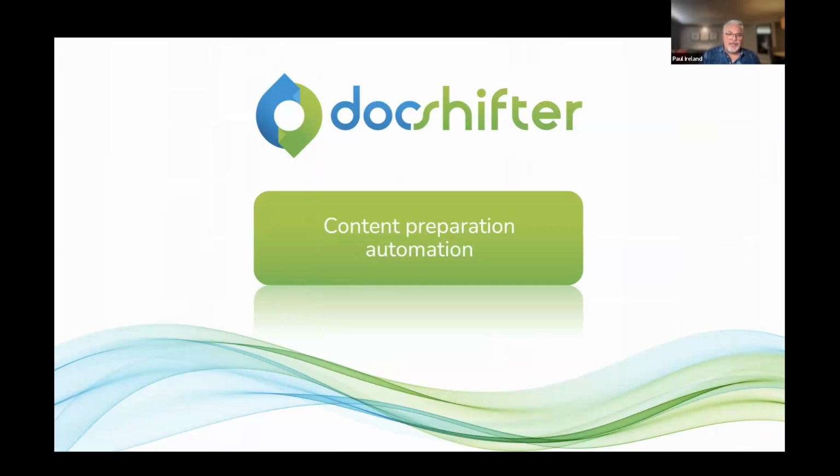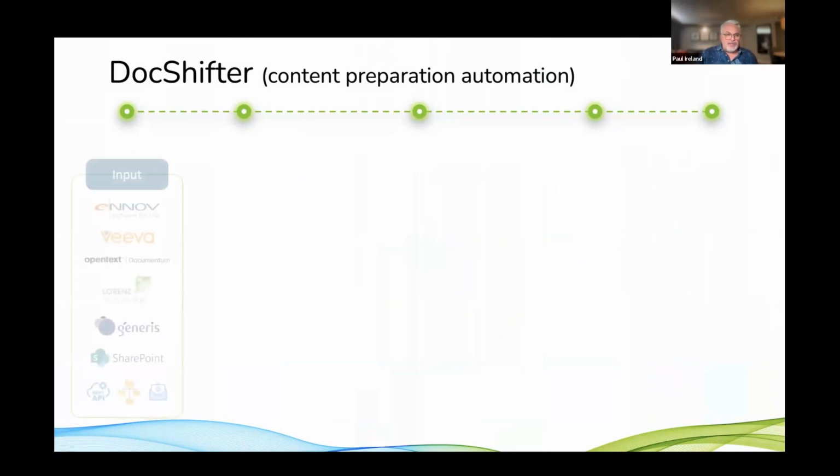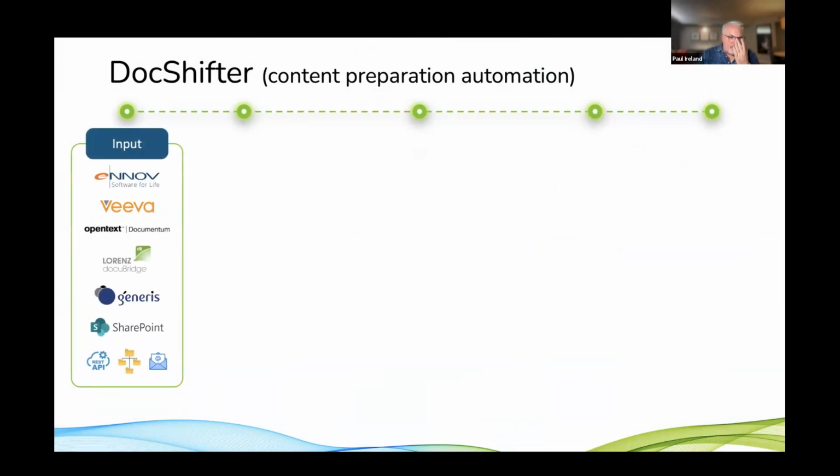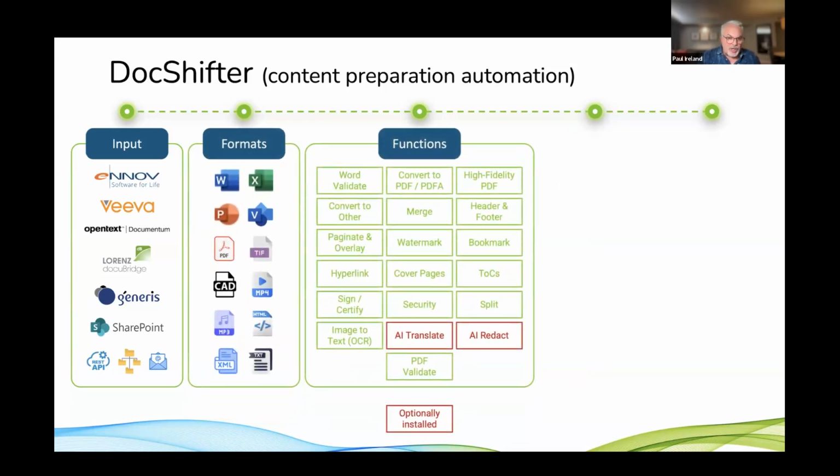In terms of automating some of those steps, preparing that content, what Docshift is doing, as I mentioned, is taking content from different locations, whether you're using the Ennov platform, Veeva, Documentum, Docubridge, CARA, SharePoint, folders on your network or email repositories. Wherever that content resides, no matter what the format is, we're able to perform specific functions on it.